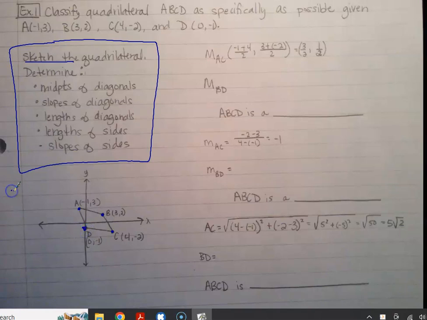But again, it's a sketch, so don't use the pictures to help you out. In order to solve this, it helps to sketch the graph, and then some things we can consider finding are the midpoints of the diagonals, the slopes of the diagonals, the lengths of the diagonals, the lengths of the sides, and the slopes of the sides.